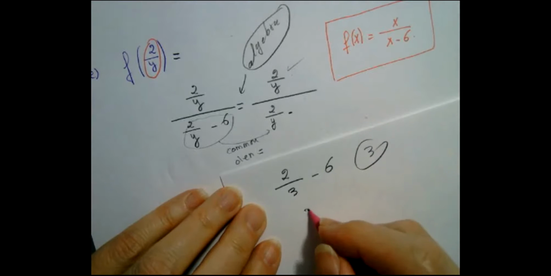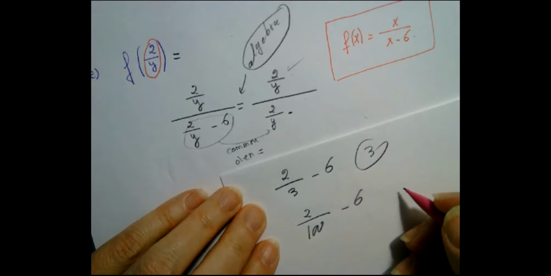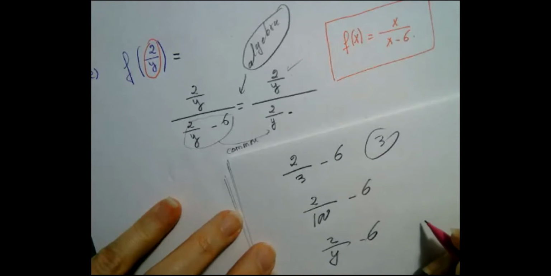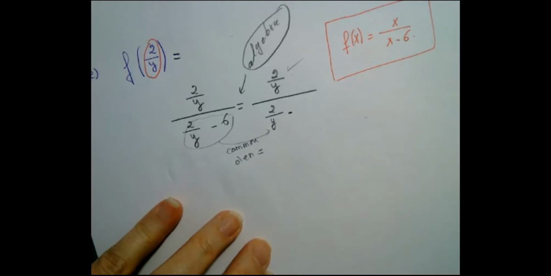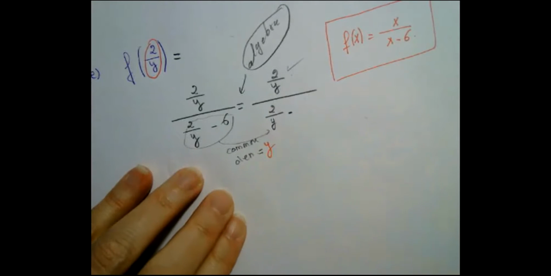If you had 2 over 100 minus 6, what would be your common denominator? 100. If you have 2 over y minus 6, what's going to be your common denominator? Y. Exactly. Don't let y get in the way. So the common denominator is y.